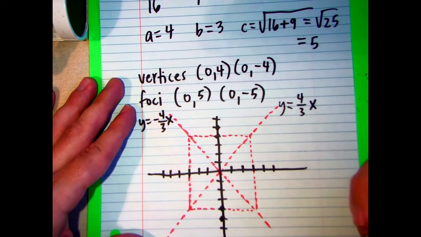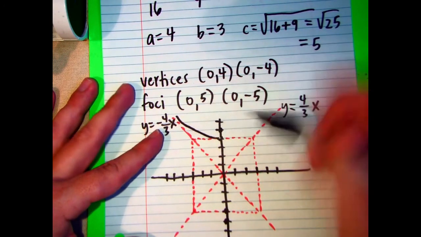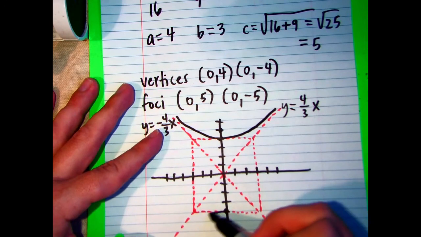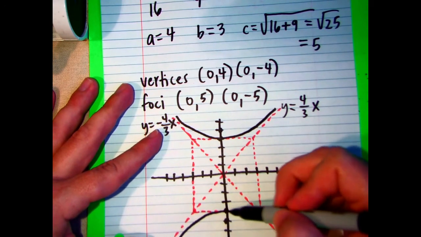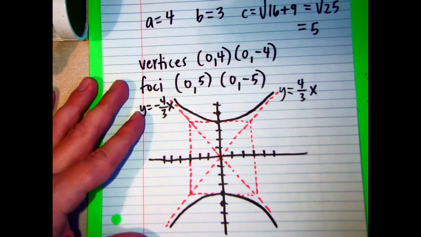My vertices and foci are on the y-axis. And there's my hyperbola opening up and down. Alright, so kind of a lot to it, kind of a lot going on. It just takes practice. You gotta do a few, gotta follow those notes, but you'll get the hang of it.